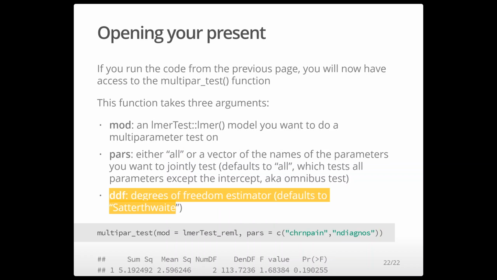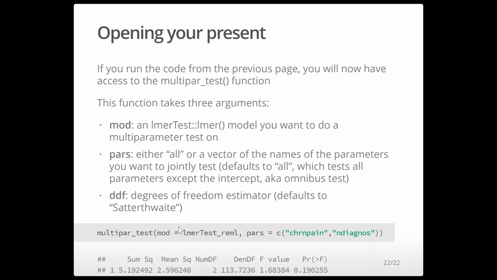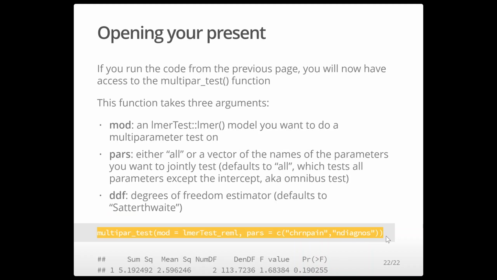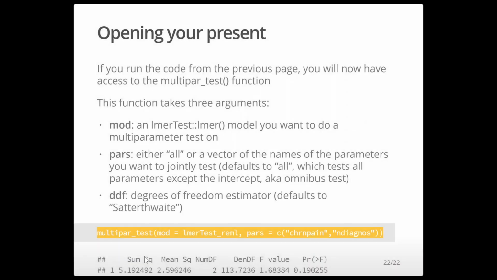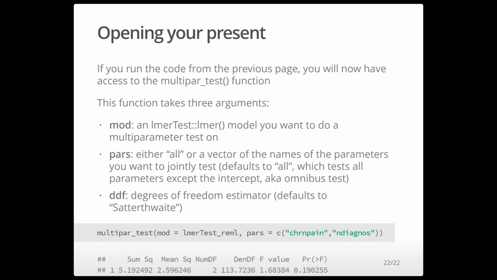And then you can change the degrees of freedom. I set the default to Satterthwaite, but you can change this to Kenward-Roger. And if you then call this, you see you get your multi-parameter test. You do have to copy this code and run it. And then once you do that, you will have this function available to you in R. So enjoy.